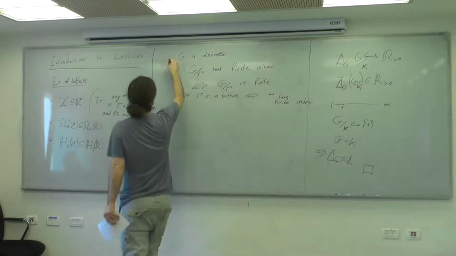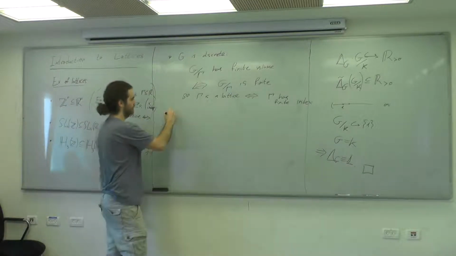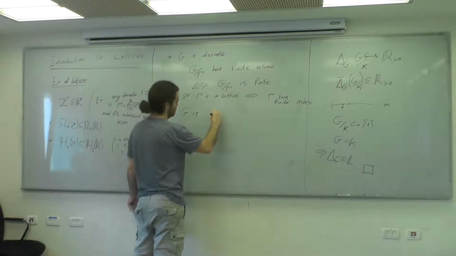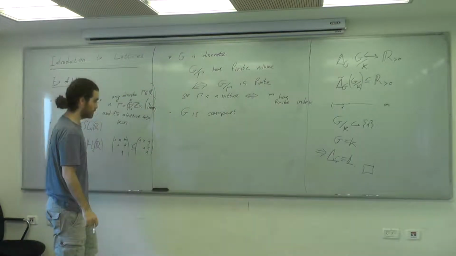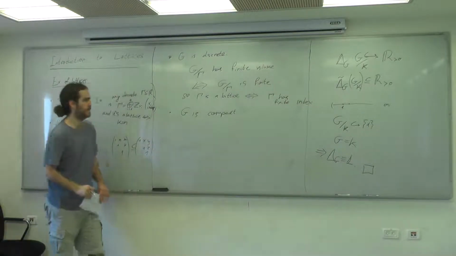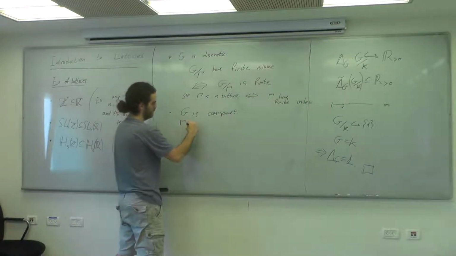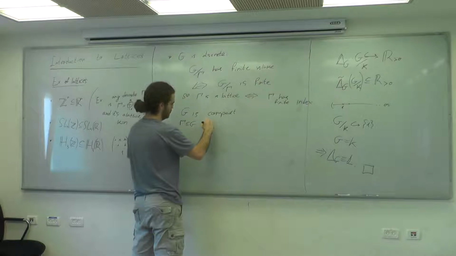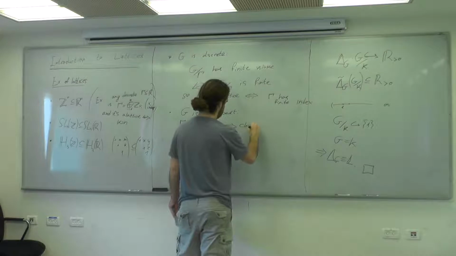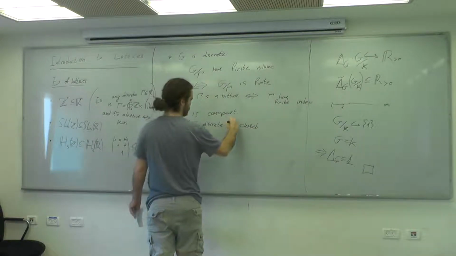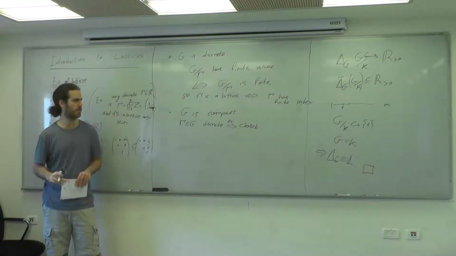The next step is what happens if G is compact. If we have a discrete subgroup gamma in G, it is definitely closed. It's an exercise. It's not difficult, but any discrete subgroup of a locally compact group is closed.